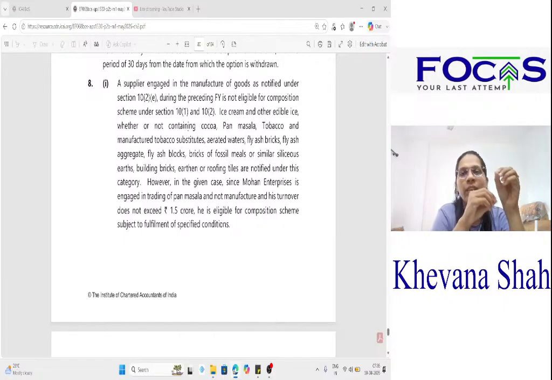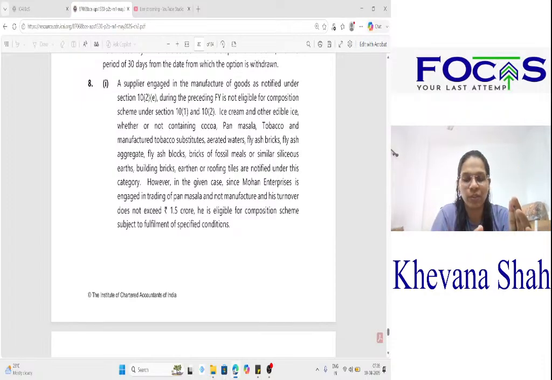Ice cream and other edible ice, whether or not containing cocoa, pan masala, tobacco and manufactured tobacco substitutes, aerated waters, fly ash bricks, fly ash aggregate, fly ash blocks, bricks of fossil meals or similar siliceous earths, building bricks, earthen or roofing tiles are notified under these categories.